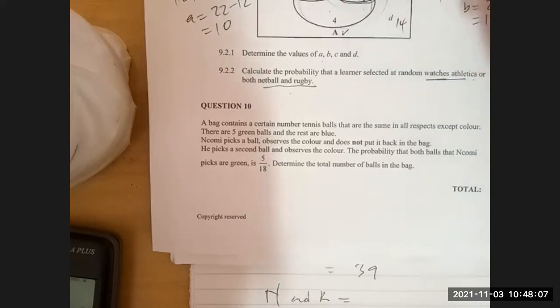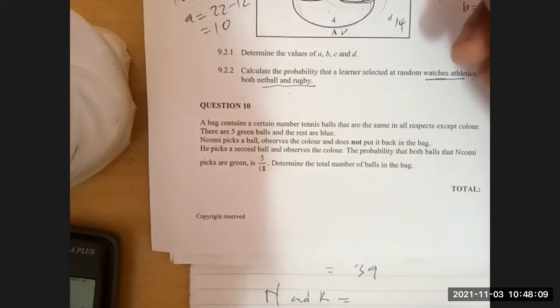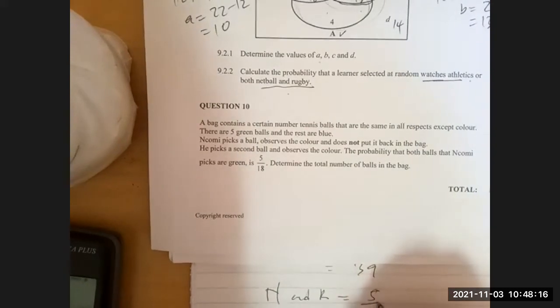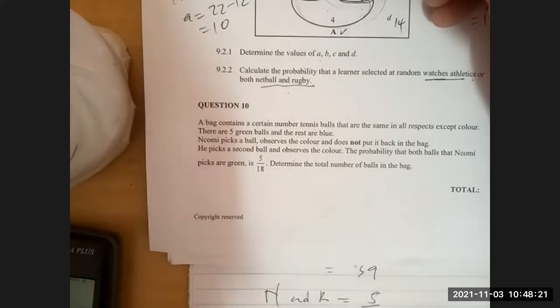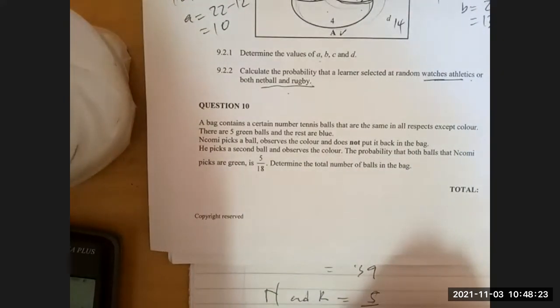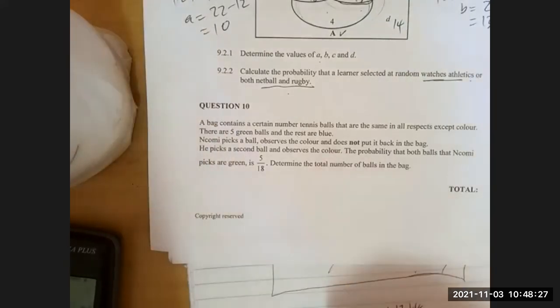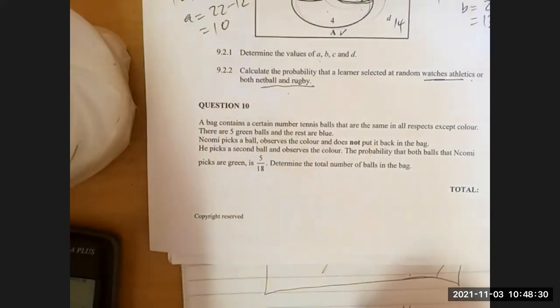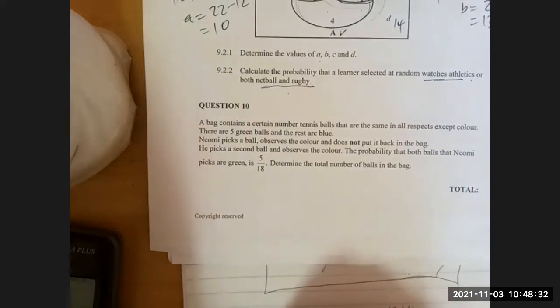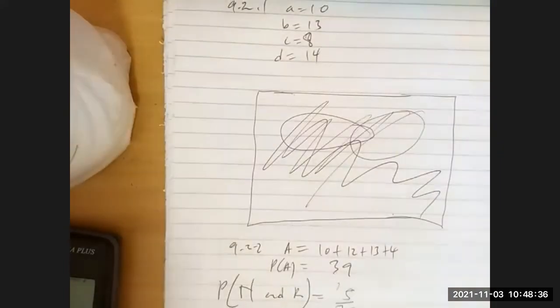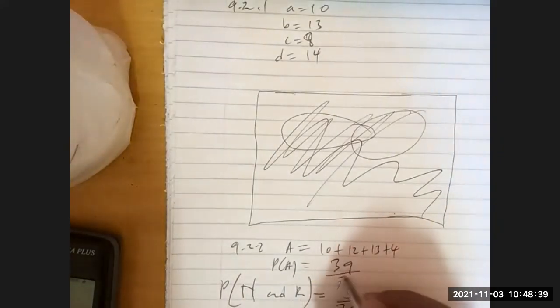As you can see here, it's only 5. Netball and rugby only is 5, so it's 5 over 75. The probability of netball and rugby is 5 over 75. The probability of athletics is 39 over 75.